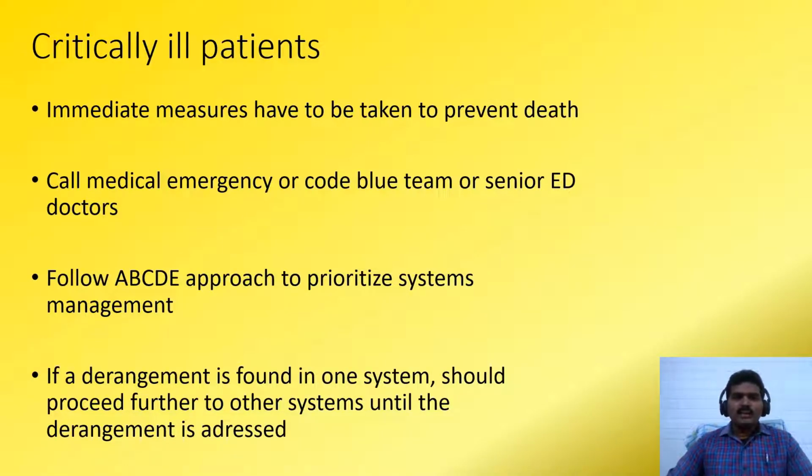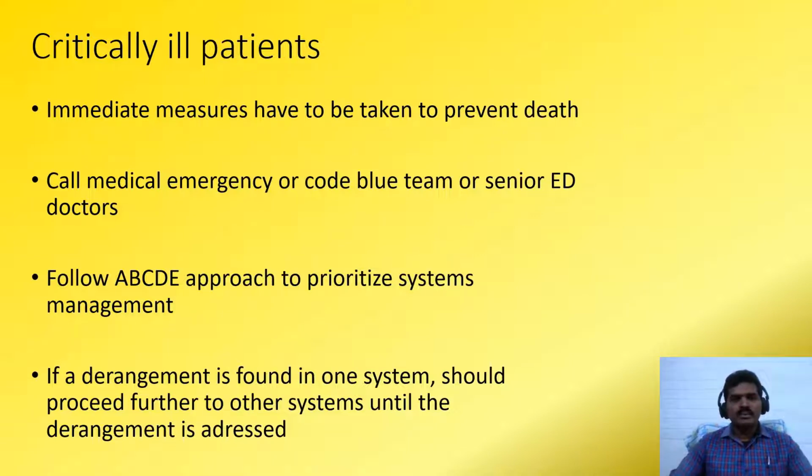Now we'll focus on how to manage the critically ill patients. Immediate measures have to be taken to prevent death. Call the medical emergency or code blue team, or a senior ED doctor whenever available. Follow the ABCD approach to prioritize systems management. If a derangement is found in one system, suppose there is a problem with the airway, you will not proceed to assess breathing unless the airway has been managed.